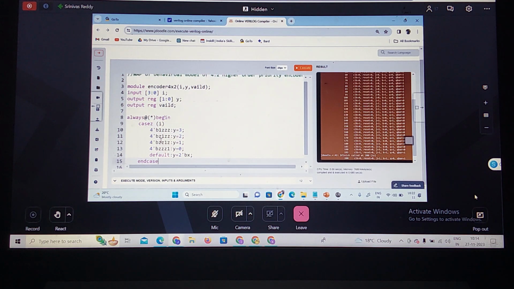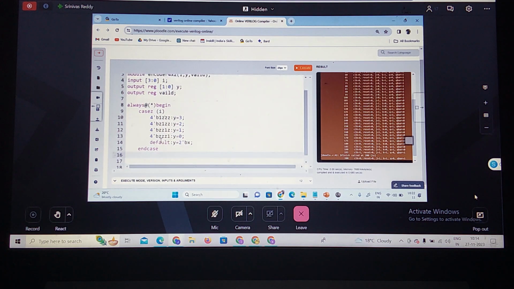In the case. Next, how to find out the valid output? How to find out the valid output? If you remember, the valid Boolean expression is I0 plus I1 plus I2 plus I3.